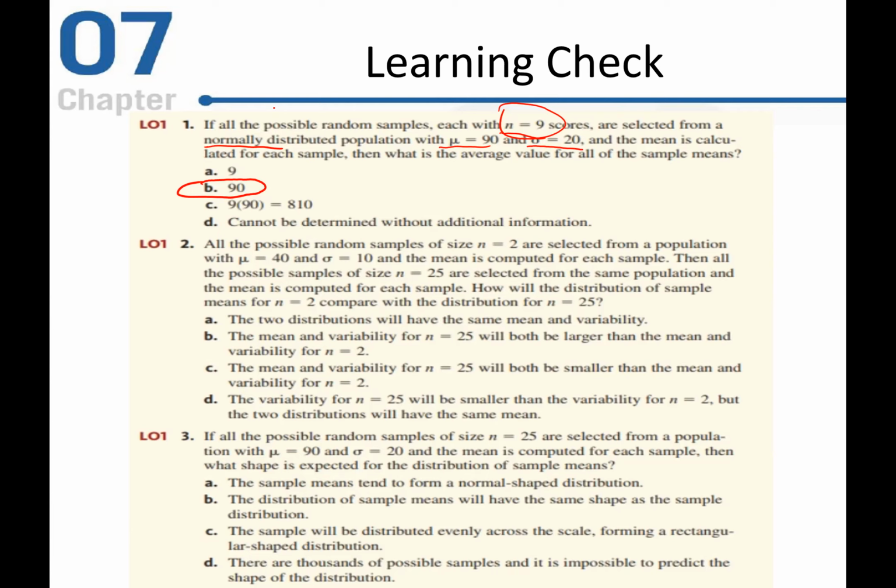So if we were drawing a distribution with a sample size of 2, the sample means are going to be more spread out, more scattered. However, if we have a larger sample size, and then we calculate the sample means to get our distribution of sample means, our distribution is going to be skinnier.